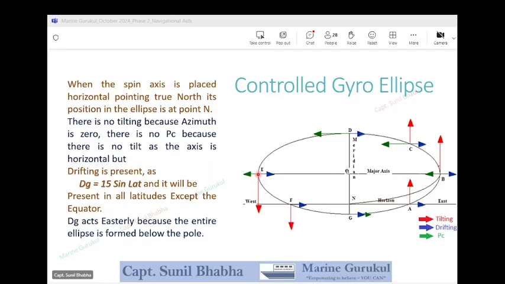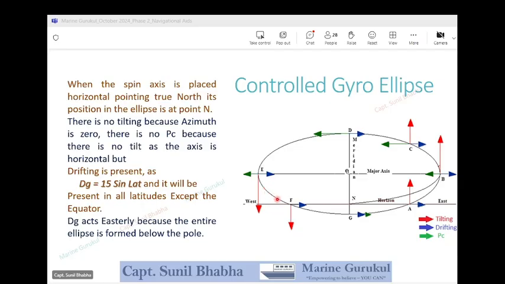The tilting is the strongest here because the azimuth is the maximum. So this westerly maximum azimuth generates maximum downward tilting, and from point echo, the spin axis goes vertically down. As it goes vertically down, the tilt reduces further. With the tilt reducing, control precession also becomes weaker and weaker. Control precession becoming weaker, the easterly drifting takes over and it starts to push the spin axis towards east.